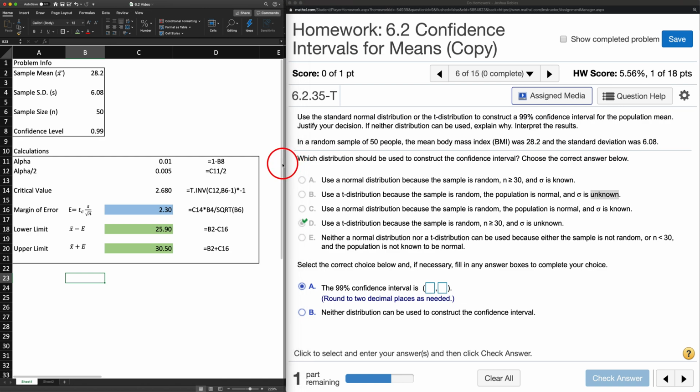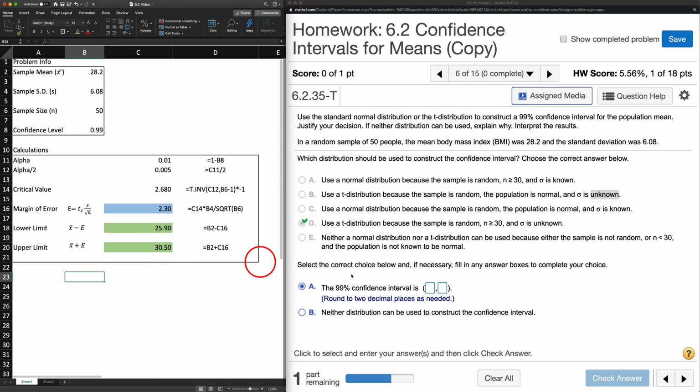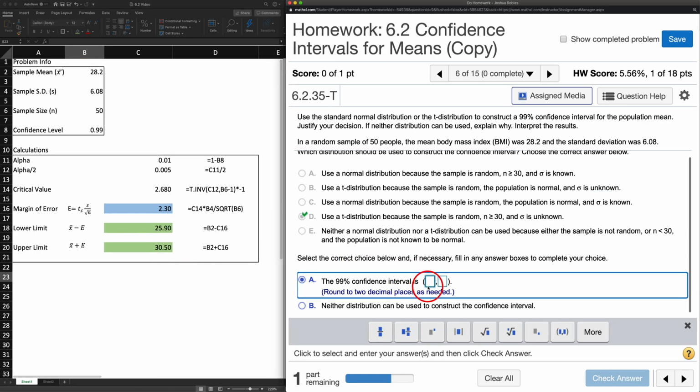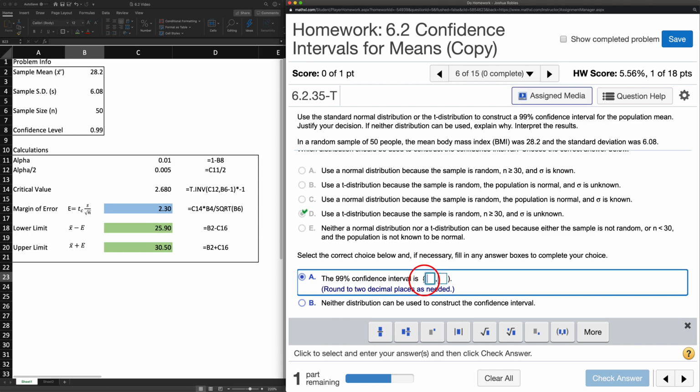But if we want to give a ranged estimate, an interval estimate, we can be 99% confident that the population BMI is between 25.9 and 30.5. This is already rounded to 2 decimal places, so we're good to go. The smaller value first, in interval notation, so 25.9, and the larger value, 30.5.